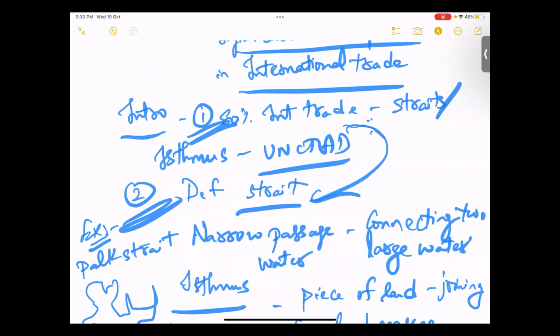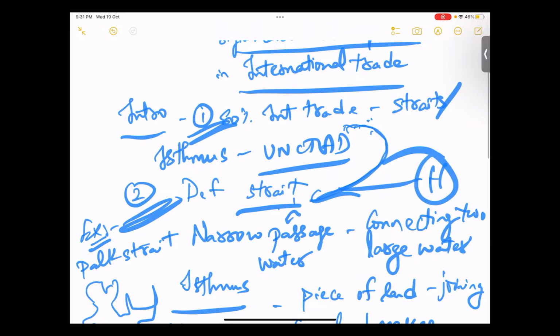Even after introduction 1, you should still come to 2. Sumant, are you understanding? Yes, sir. Even if you start with this, you should still come to 2 because 2 is the heart of the question. You have to write the definitions of strait and isthmus in this question.